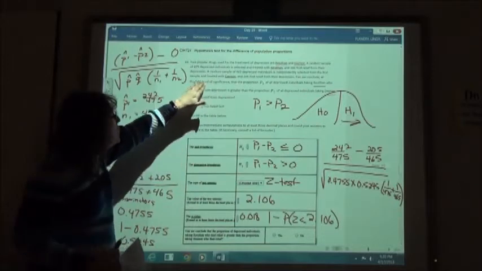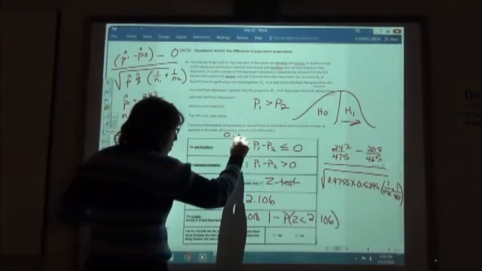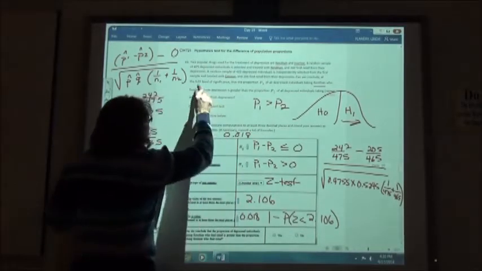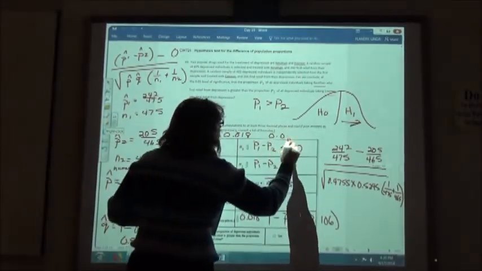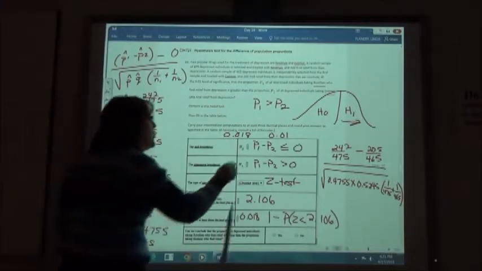We're comparing it to the level of significance. So if I have 0.018 and I'm comparing it to 0.01, is 0.018 greater than or less than 0.01? It is greater than.